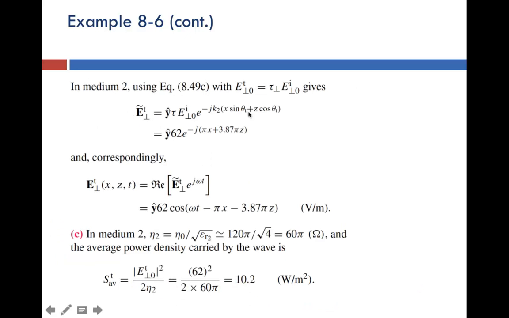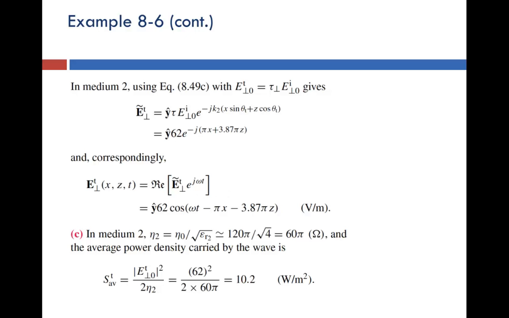Okay, so in medium 2, we basically take the incident and multiply by the transmission coefficient, and then theta changes to theta transmitted. That changes what's in the exponent, and the amplitude becomes 62. Likewise, we can put that in the time domain by adding in the j omega t.